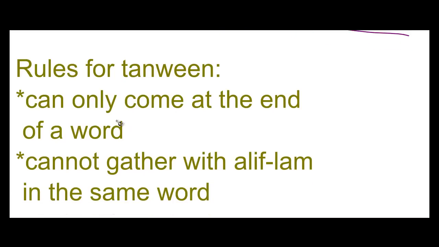And to finish off the tanween section, we have two basic rules for tanween. Number 1, tanween can only come at the end of a word. So you can't say shumsun or something. You can't do that. The tanween can only come at the end. Now this word is wrong. Why?